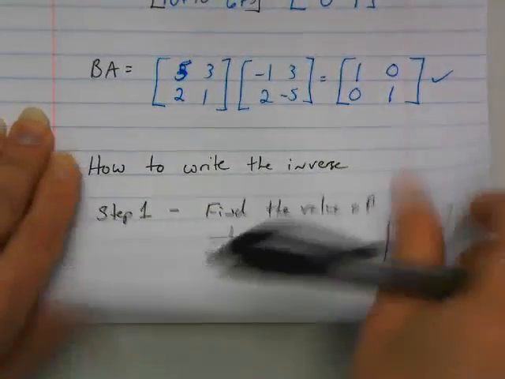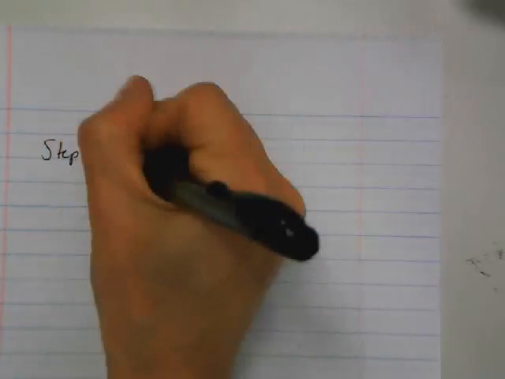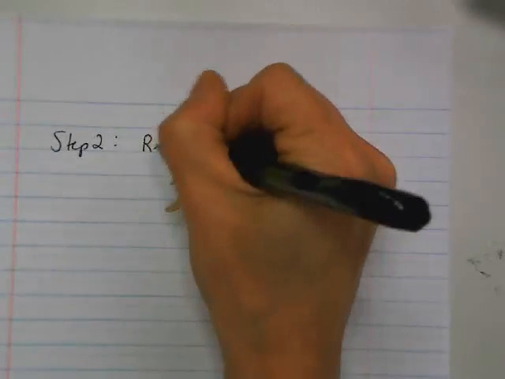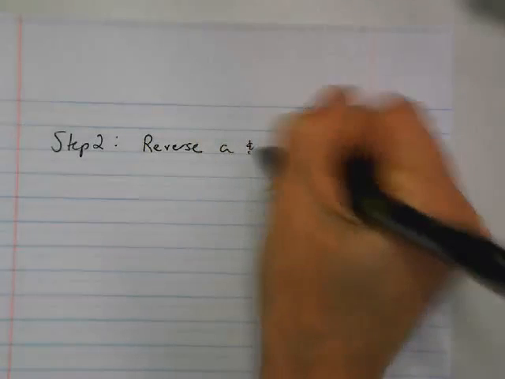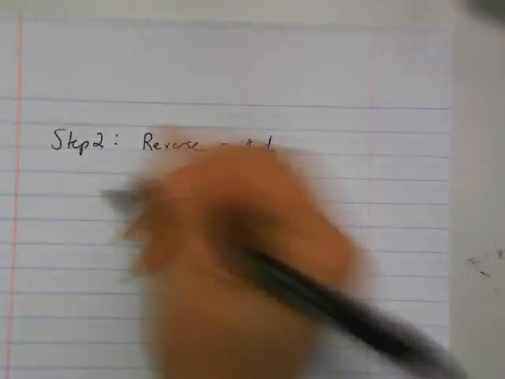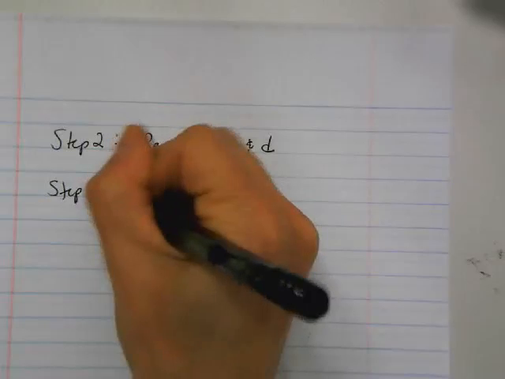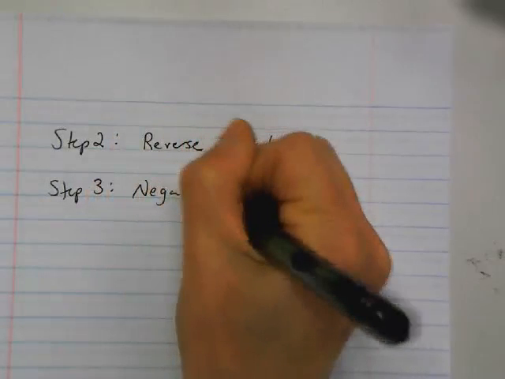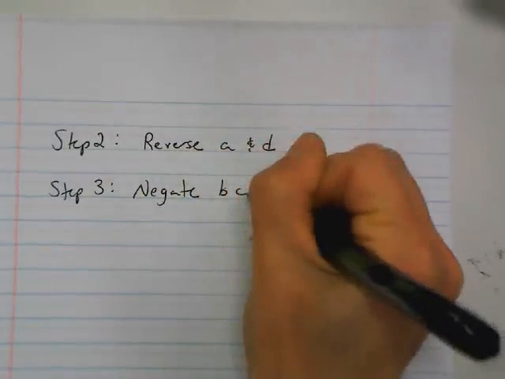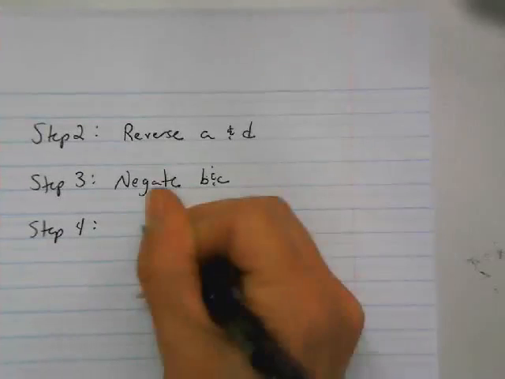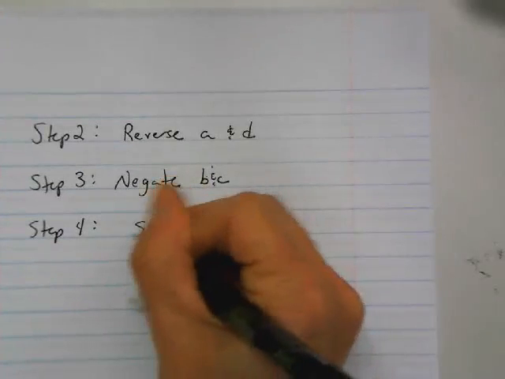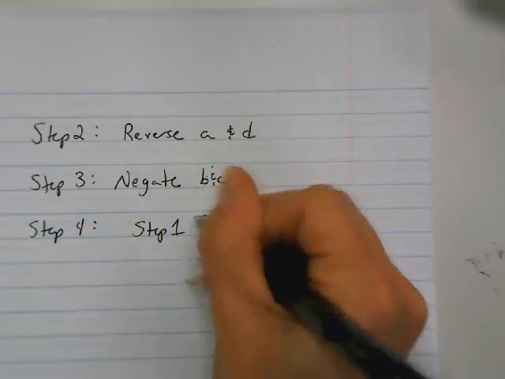Step 2: reverse A and D. And negate B and C. And step 4, you multiply step 1 times the new matrix.